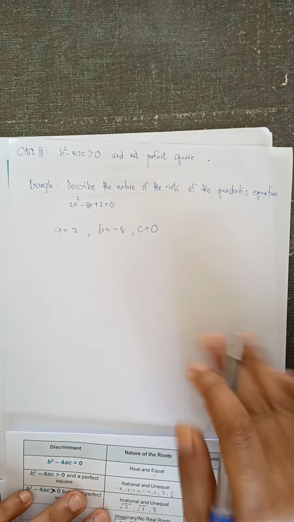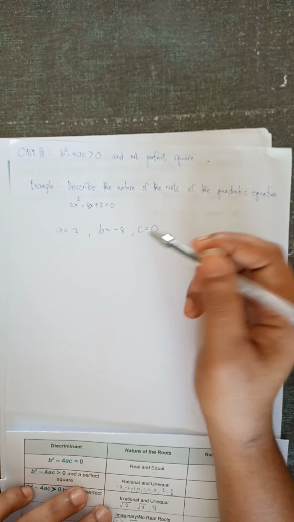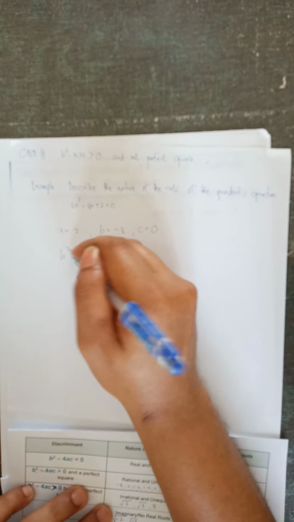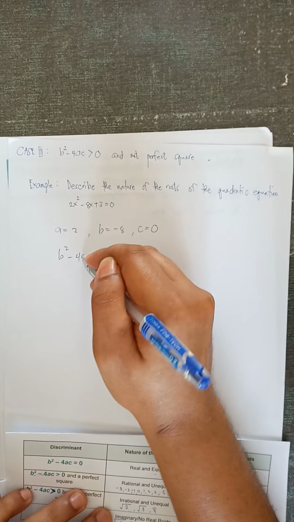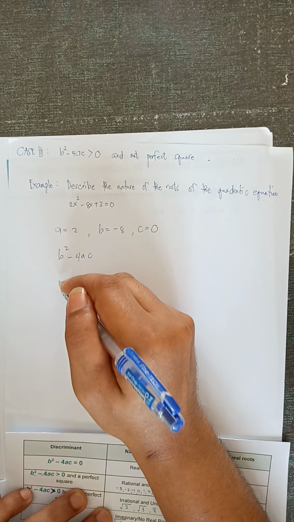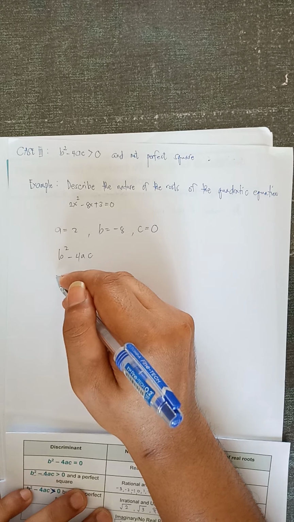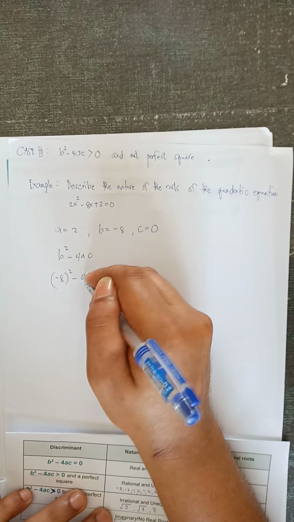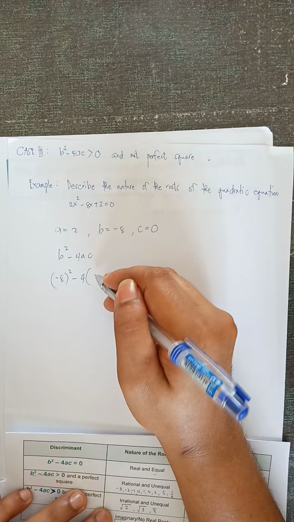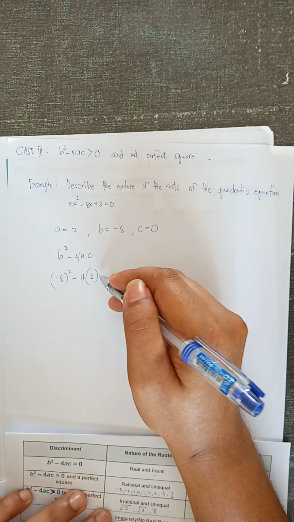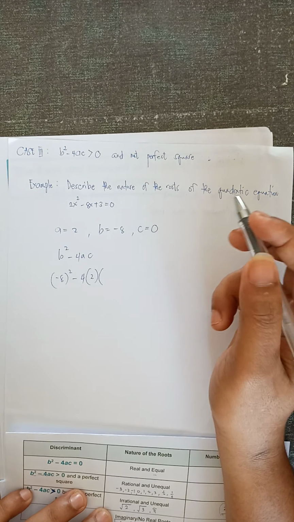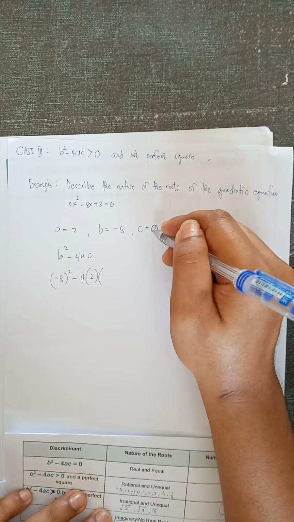So we can now substitute the values to our discriminant formula, which is b squared minus 4ac. So substitution, we have negative 8 squared minus 4, 2 is our a, and c is equal to 3.